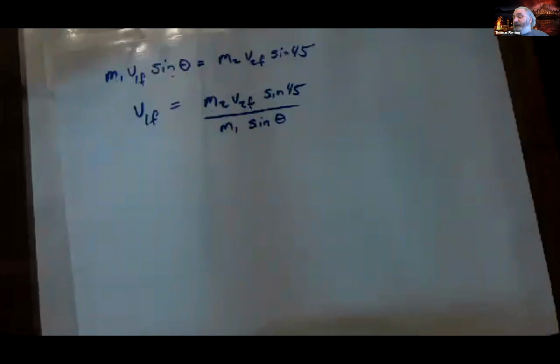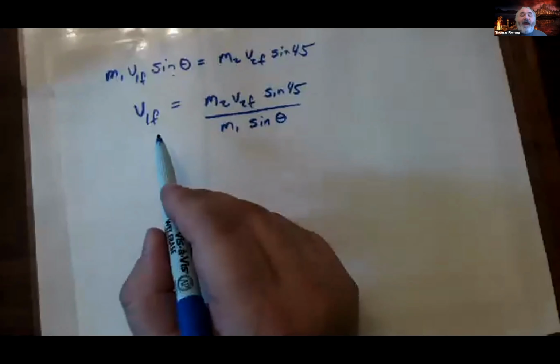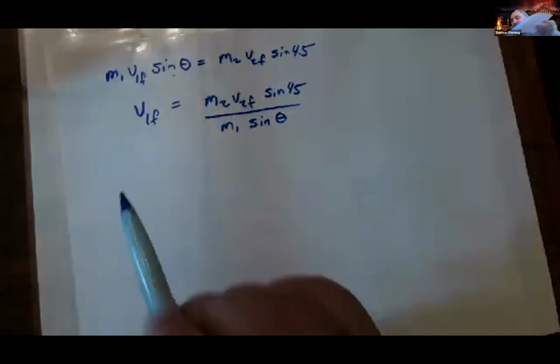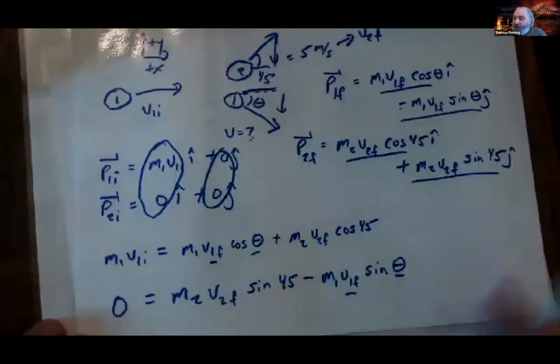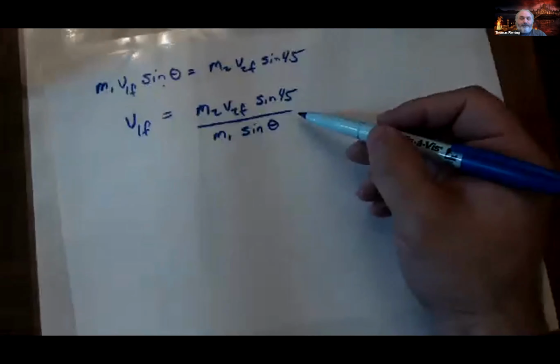Now, if that's V1 final, I can take this expression for V1 final, and I'll go back to the other equation, the one that I haven't used yet. And I'll replace V1 final in that equation with that expression.